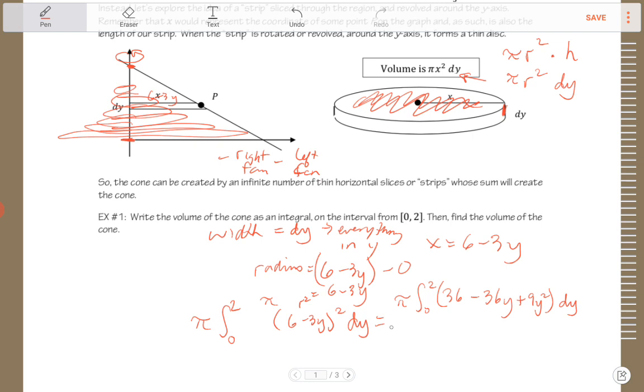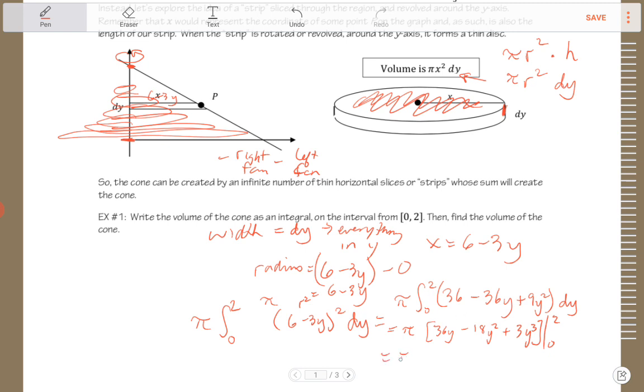Okay. From here, you can actually integrate. So we get pi times 36y minus 18y squared plus 3y cubed, and all this is going from 0 to 2. Okay? And then we can plug in our values.